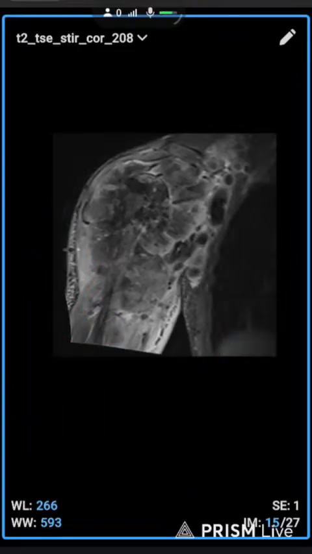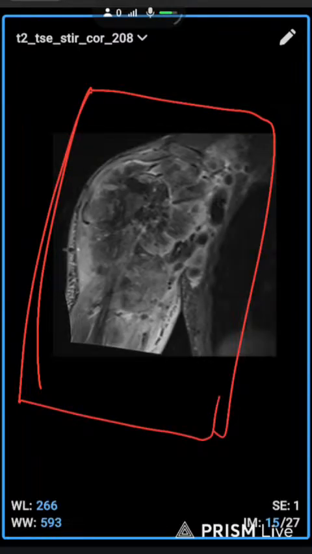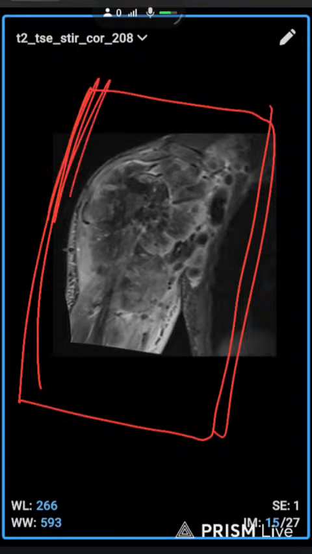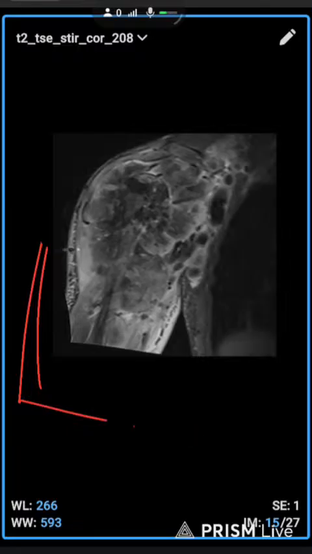If you think those 6 sequences, those 10 sequences are enough for the shoulders or enough for the knee, it's not happening, just because in MR the patient's problem is different. Every patient has a different problem.